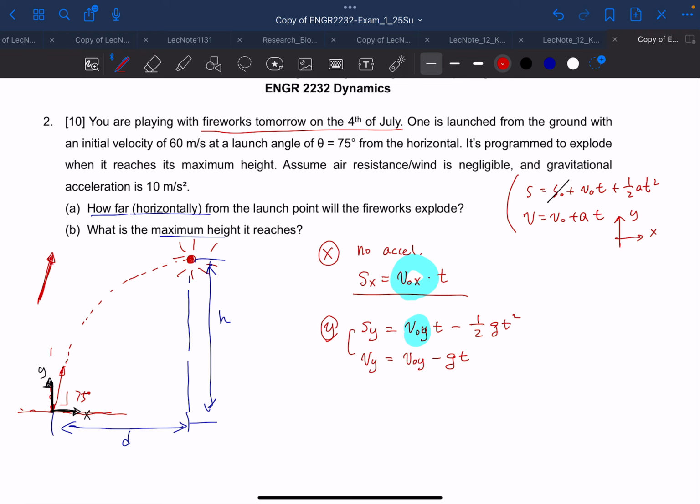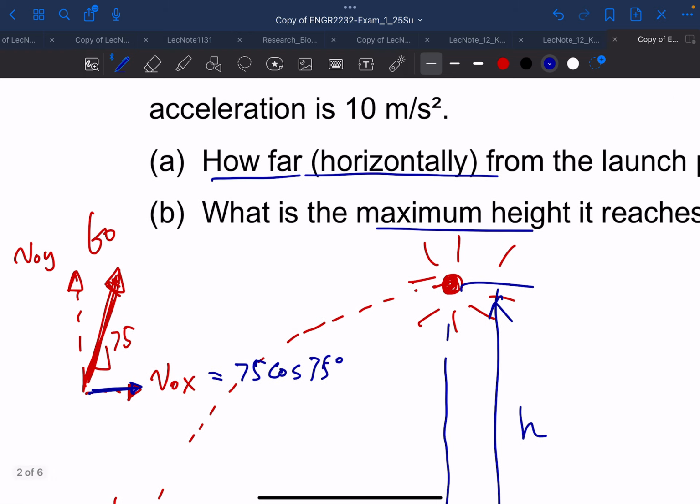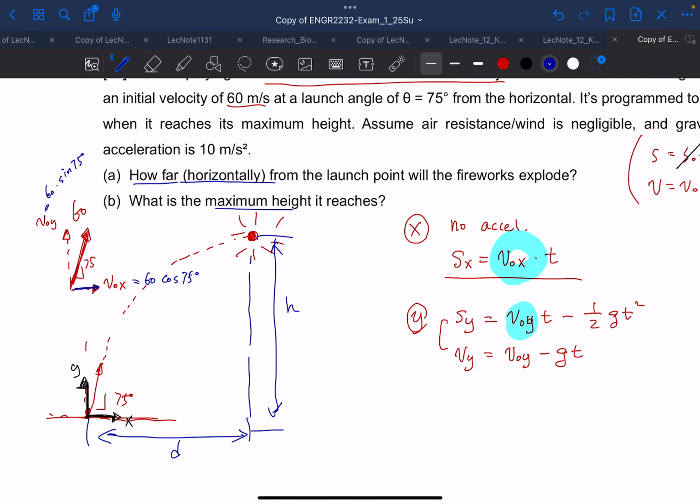If this was 60 and the angle was 75, then we have this component and that component. So this is V0 of x and this is V0 of y. Is it sine or cosine? It's cosine 75 degrees, so V0x is 60 times cosine 75 degrees, and V0y is 60 times sine 75 degrees, right?